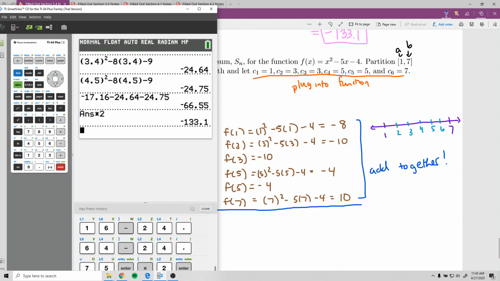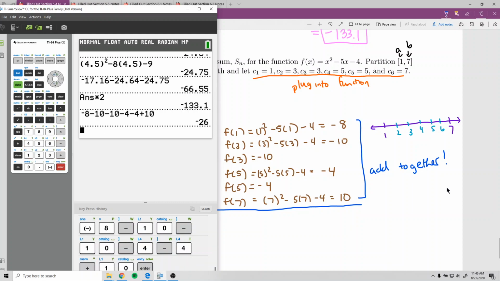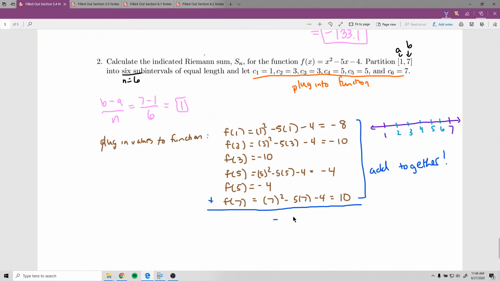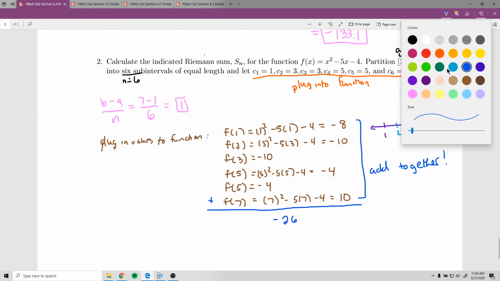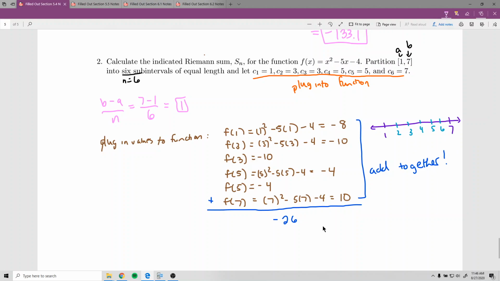Since we have 6 here, even though they're whole numbers, let's go ahead and do it in the calculator. -8 plus -10 plus -10 plus -4 plus -4, and then plus 10. I get -26. Right. So that's all the heights added together.